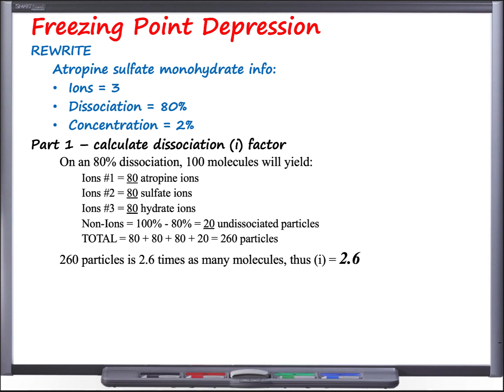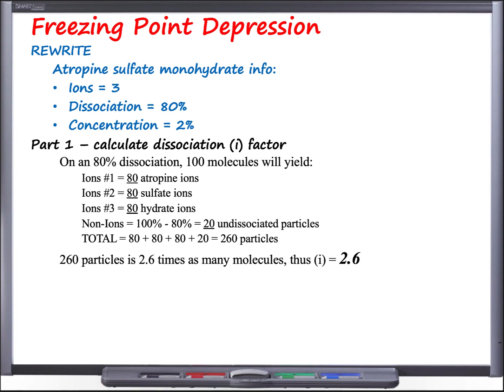If we count particles, not molecules, we started with 100 molecules, but we would have at this point 80 atropines plus 80 sulfates plus 80 hydrates. We get 3 things for every molecule that dissociates, and 80 out of the 100 dissociated.